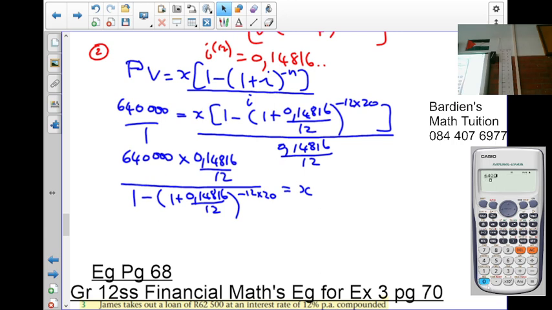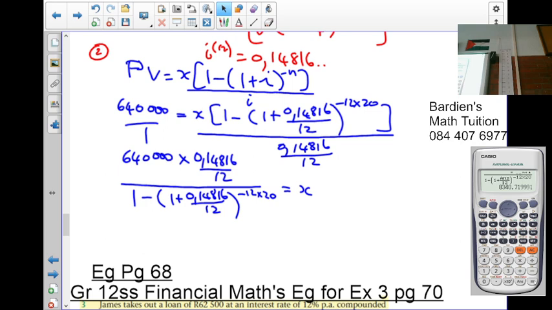640,123 times the interest over 12, divided by 1 minus 1 plus that answer over 12 to the exponent negative 12 times 20, with an answer of 8,340 Rand and 72 cents.